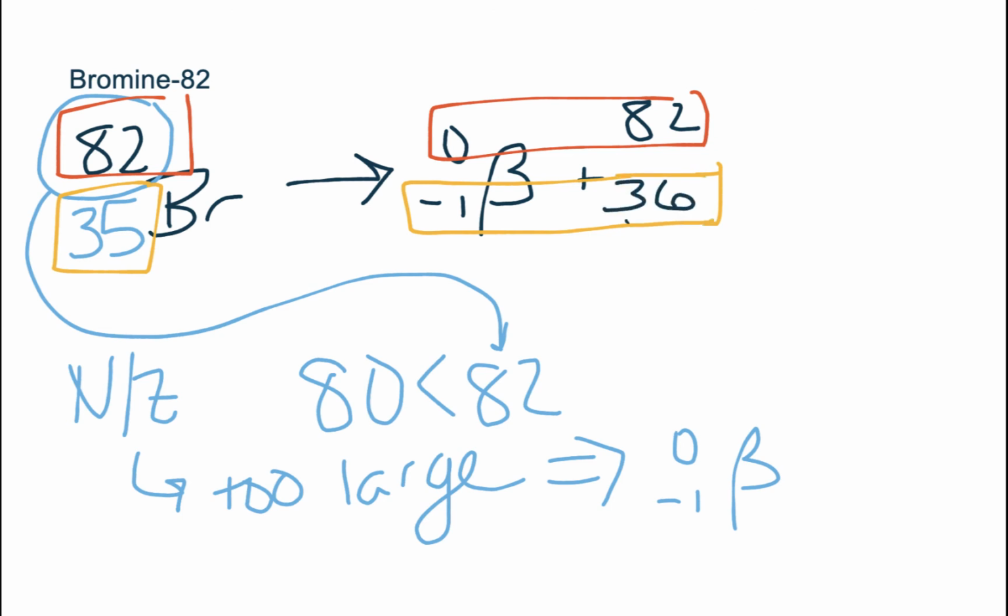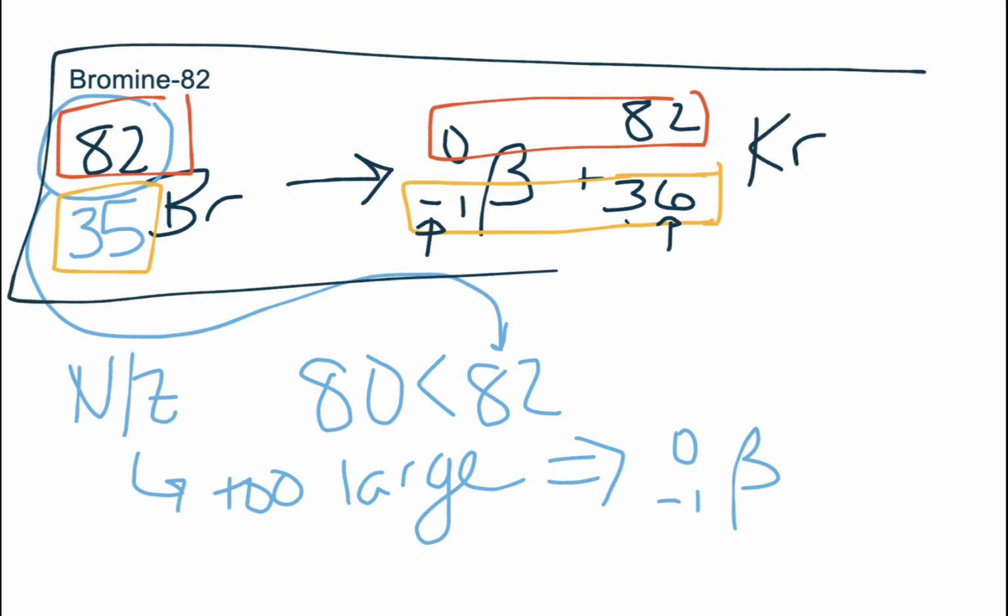Now this is the most common mistake that students make, is just forgetting this negative sign. And they're like, oh, 34 plus 1 is 35. But this is negative, so you need to have 36 minus 1 is 35. Then you can go to your periodic table and see which element corresponds to the one with 36 protons, and that is krypton. So this would be your balanced equation for this reaction.